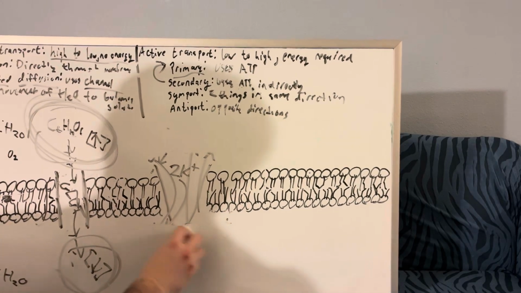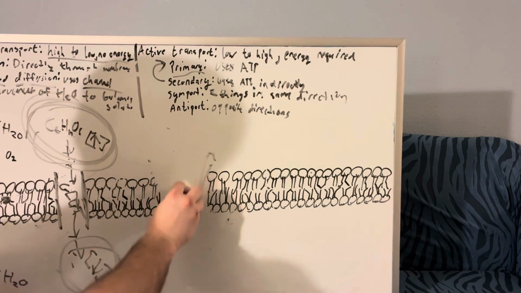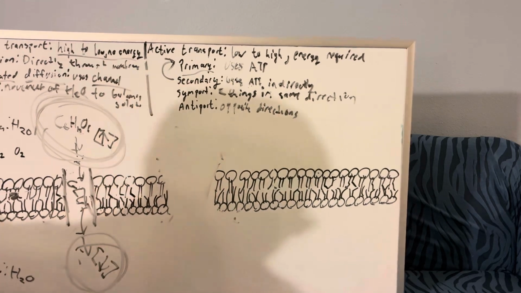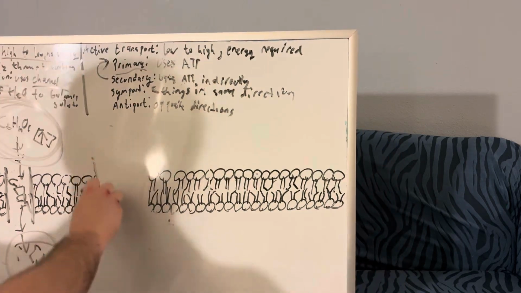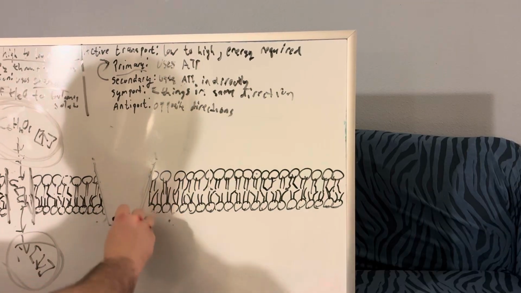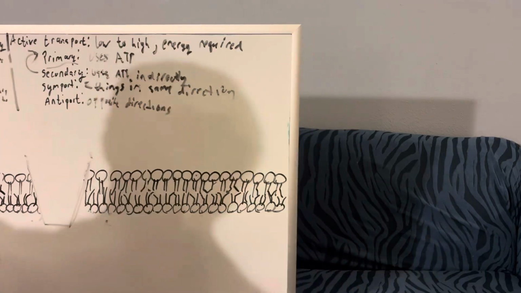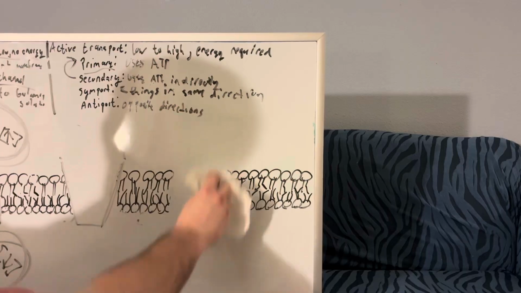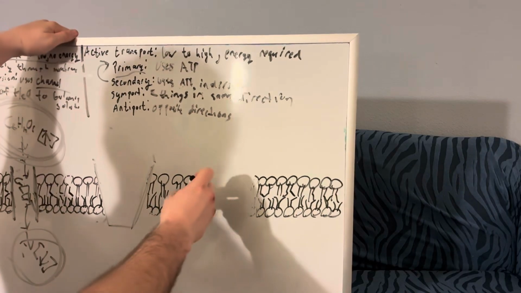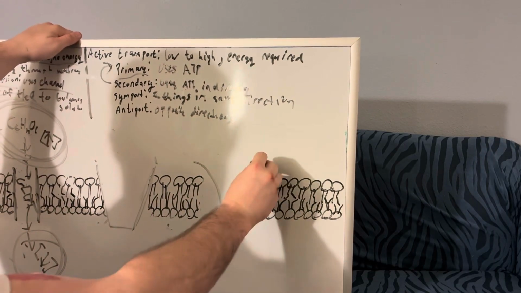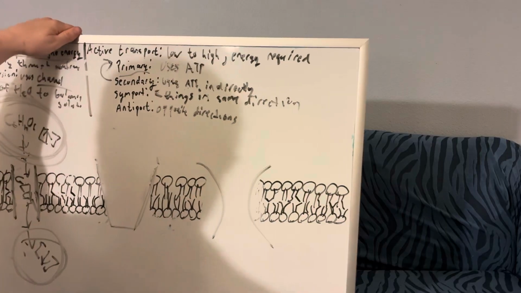So now secondary active transport. I'm going to keep that there because it's going to be relevant. And we're going to make another thing over here. Funny guy, we'll make him look like that.